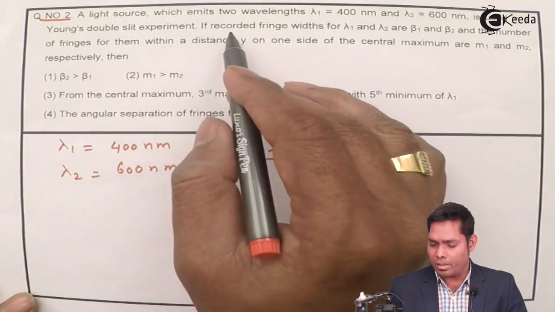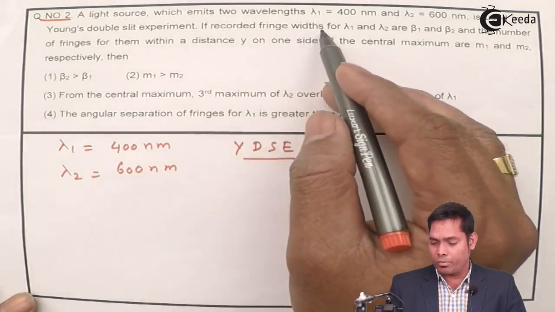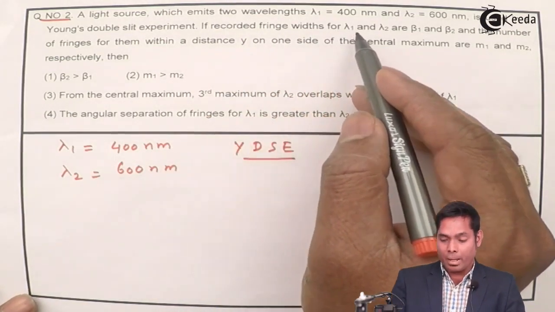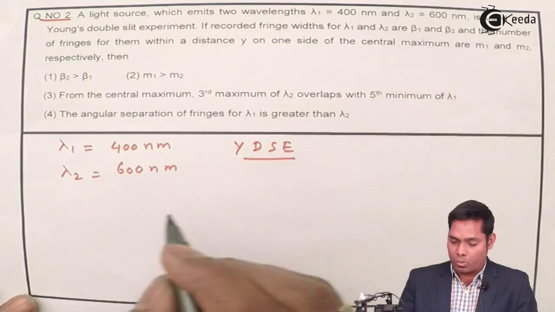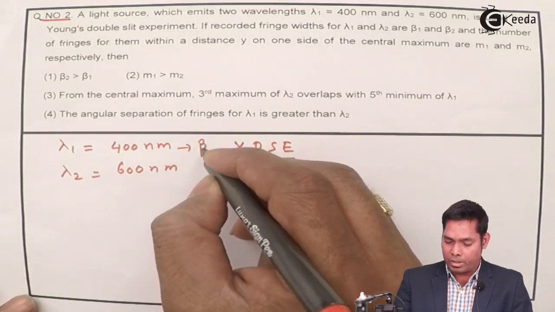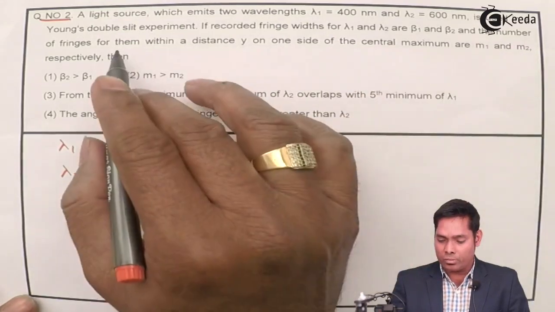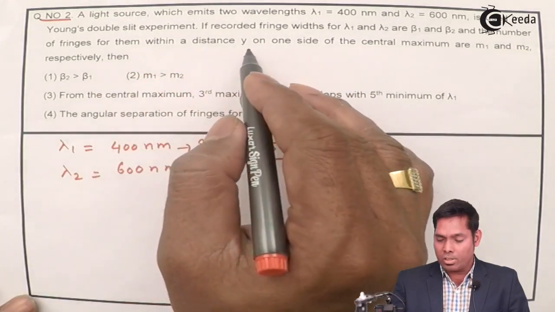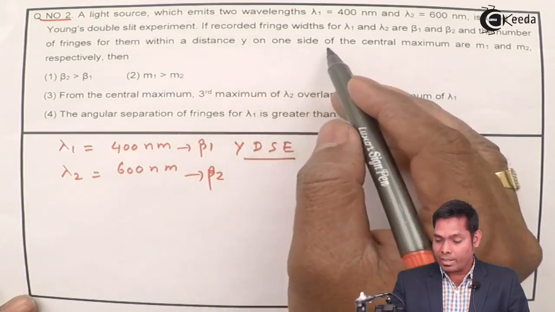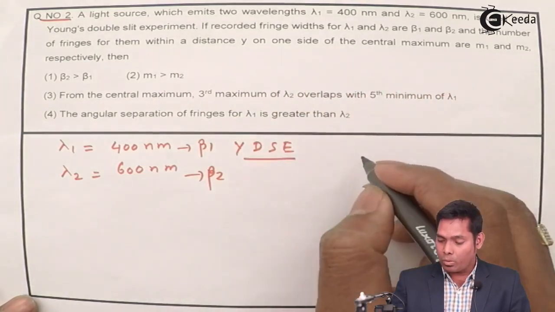If recorded fringe widths for lambda 1 and lambda 2 are beta 1 and beta 2, and the number of fringes for them within a distance y on one side of the central maxima are m1 and m2.